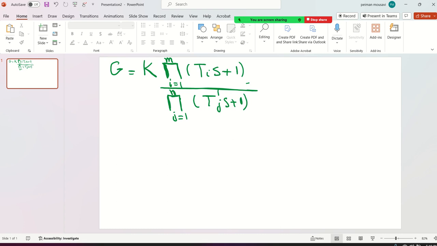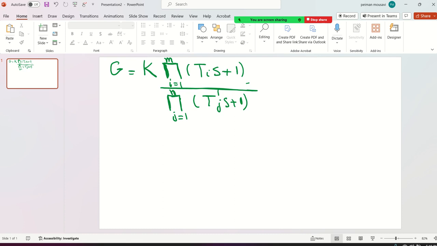I just compacted, generally speaking, the open loop transfer function of any system like this. It can be a 7th order robot, a 25th order robot, whatever. Okay? You got it?